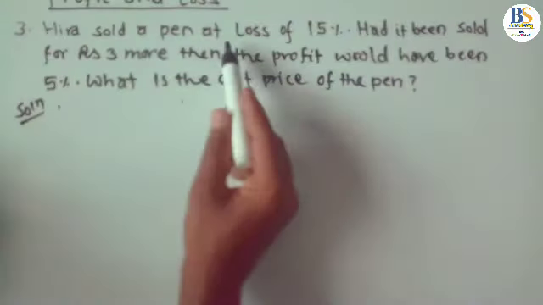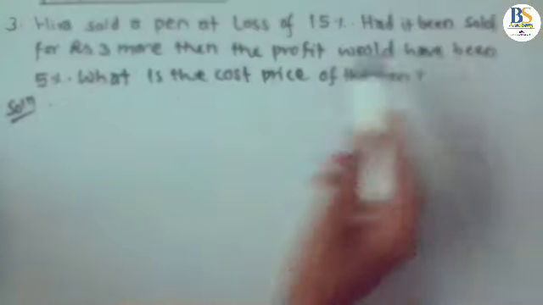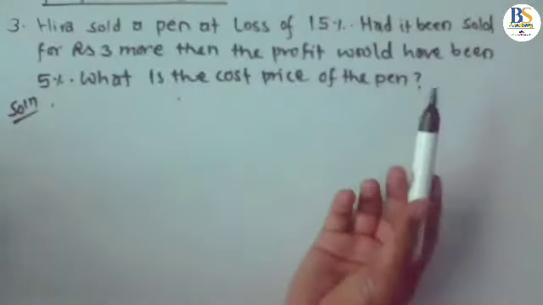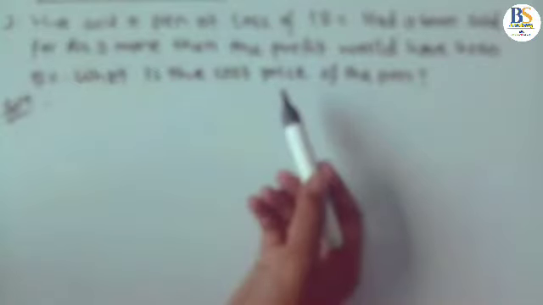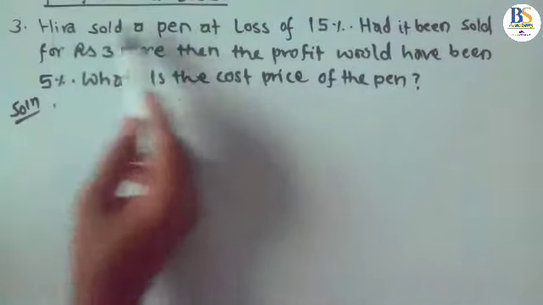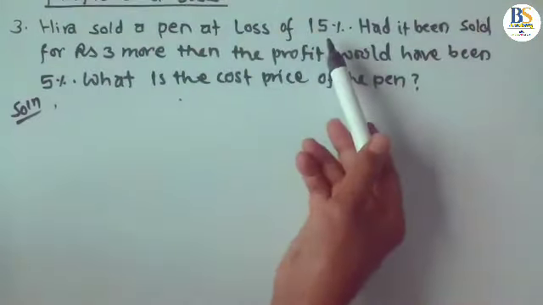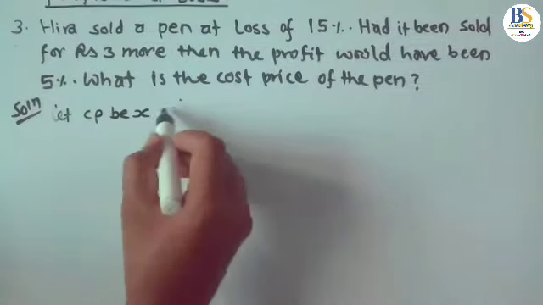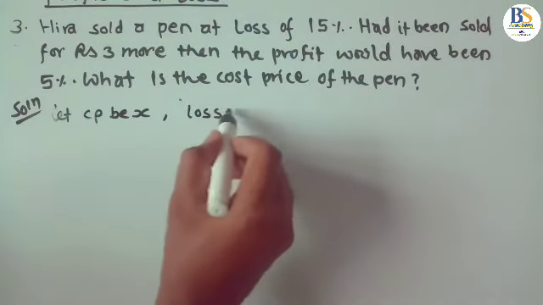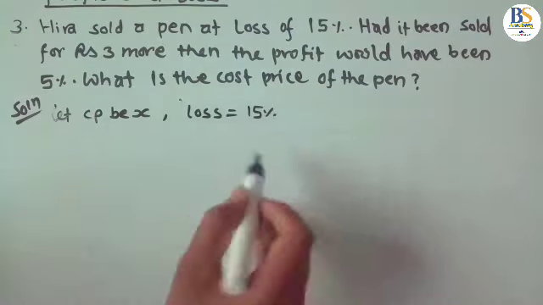Okay, here I sold a pen at a loss of 15%. Had it been sold for Rs 3 more, then the profit would have been 5%. What is the cost price of the pen? In this question, CP and SP is not given, but loss percent is given. That means we can suppose CP or SP. Let CP be X. Loss is 15%. CP and loss percent is given.